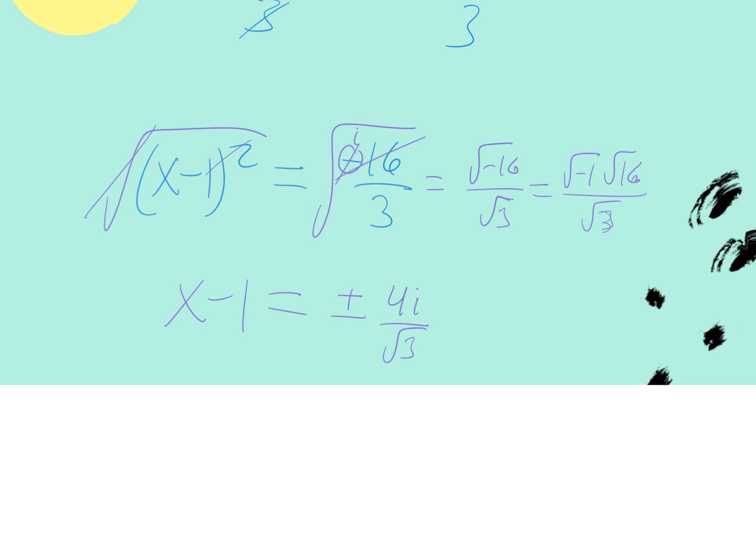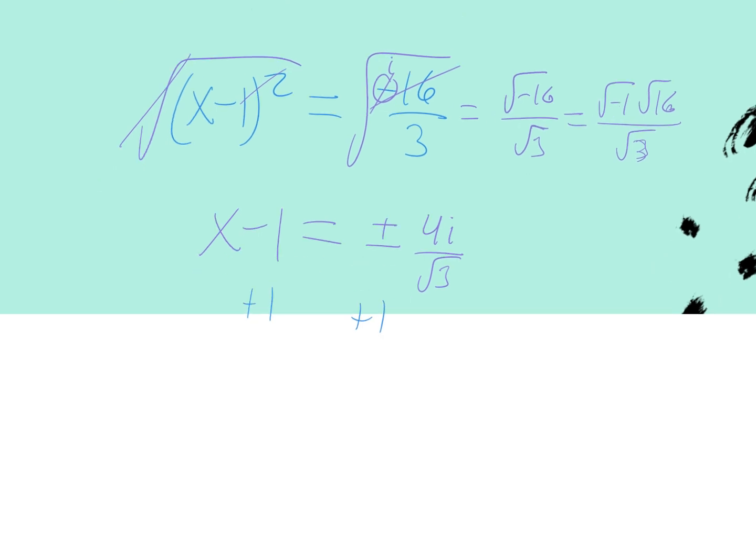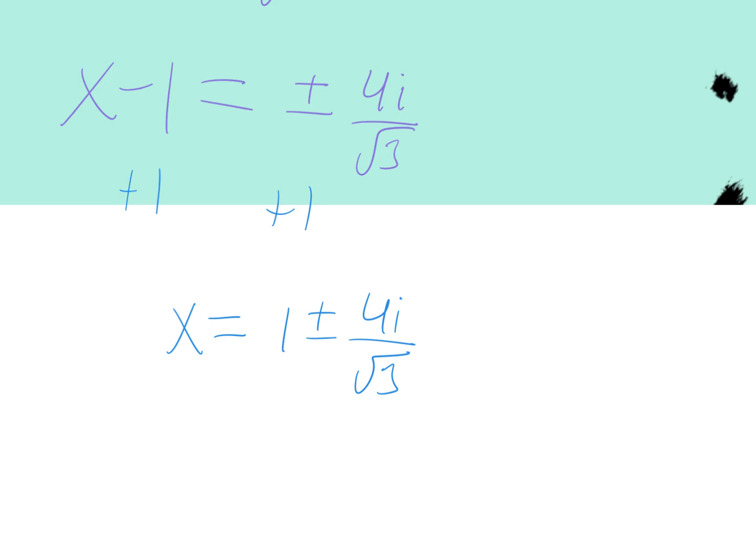So now we want to get the 1 to the other side. So we get x equals 1 plus or minus 4i over square root of 3. But we don't want that radical in the denominator. Remember, radicals in the denominator are not simplified. So to simplify it, we need to rationalize the denominator.